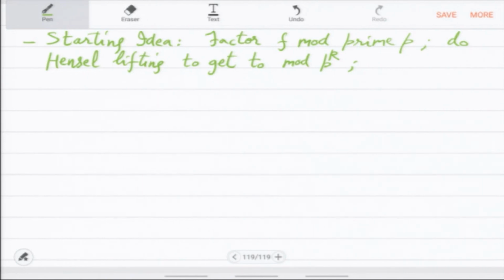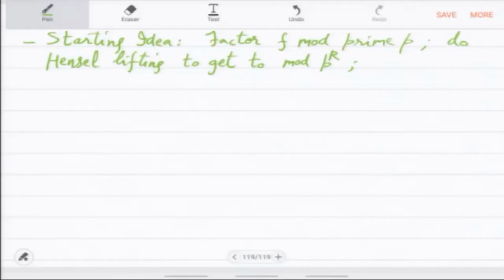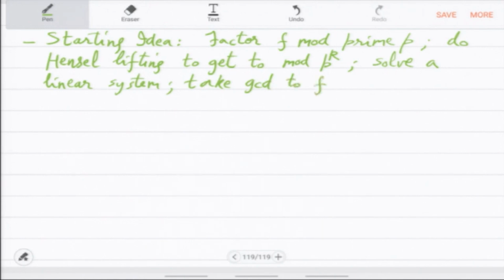So at this point you try to do what you did in the bivariate factoring idea, that you set up a linear system, try to solve it, and then take GCD. These are the steps.